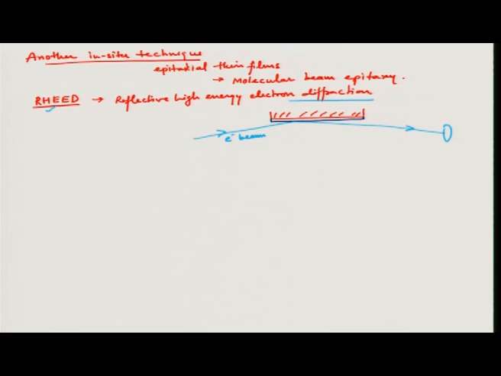Okay. And since molecular beam epitaxy works in high vacuum, this technique is good for molecular beam epitaxy for measuring thin film depositions. Okay. Now, we will turn our attention to how we can measure mechanically. Okay.